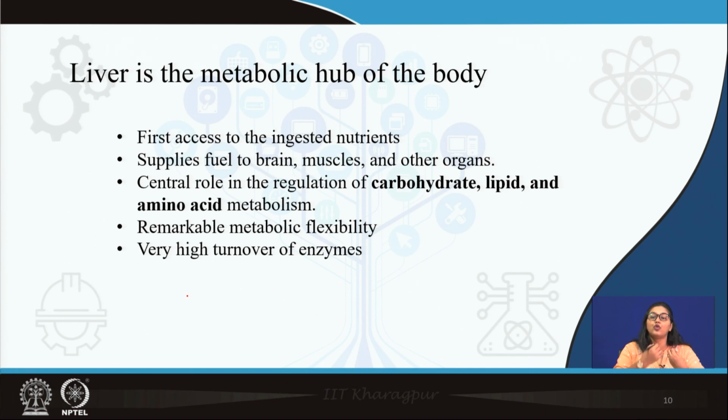Then what happens? The protein metabolizing enzymes decrease and the carbohydrate metabolizing enzymes increase. So, you can see there is metabolic flexibility because those enzymes present in liver have a very high turnover rate. Remember, enzymes are proteins which have a high turnover rate, but even so, the enzymes of liver have a higher turnover rate compared with other organs. So, synthesis and degradation of the liver enzymes are very fast and based on the requirement of the body.